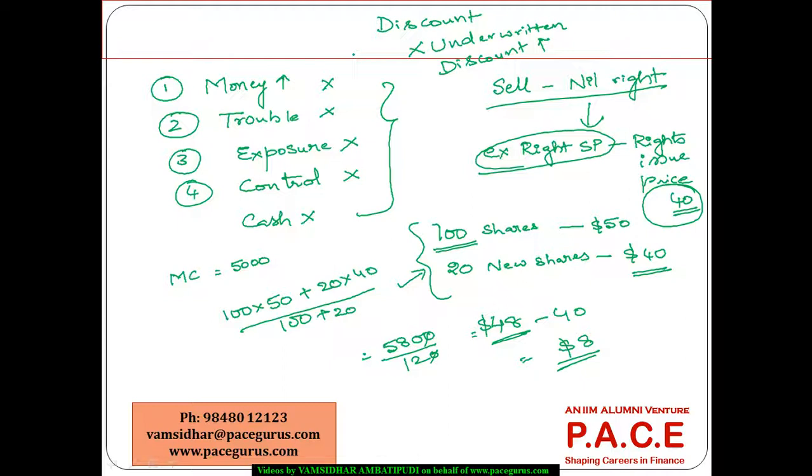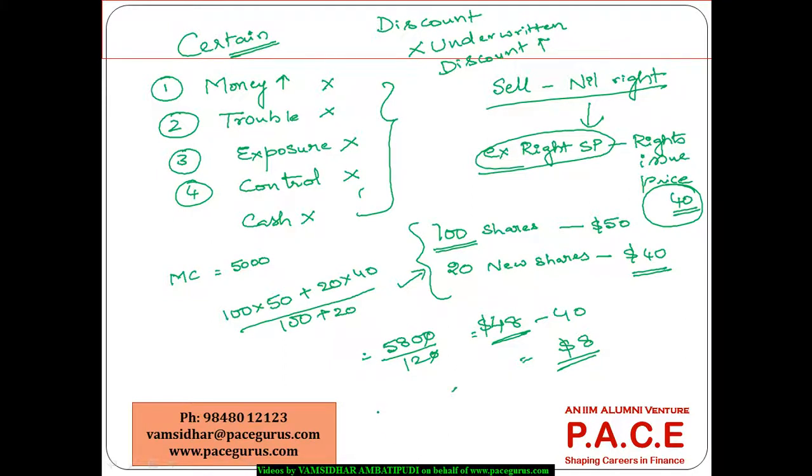But still, companies do go for underwriting because that will increase the certainty for a company that they can raise whatever money is desired, and the whole issue will get subscribed to. But if some company really wants to avoid the underwriting route, the better thing is to offer more and more discount.